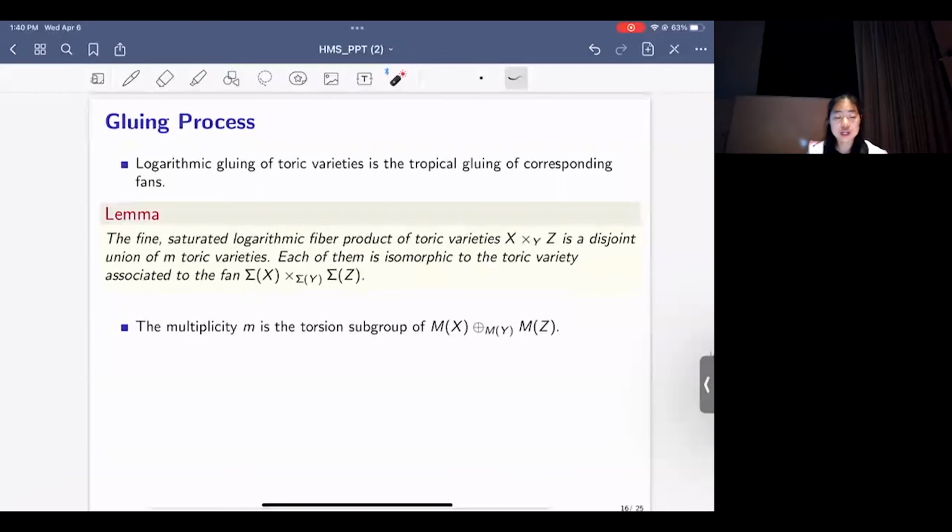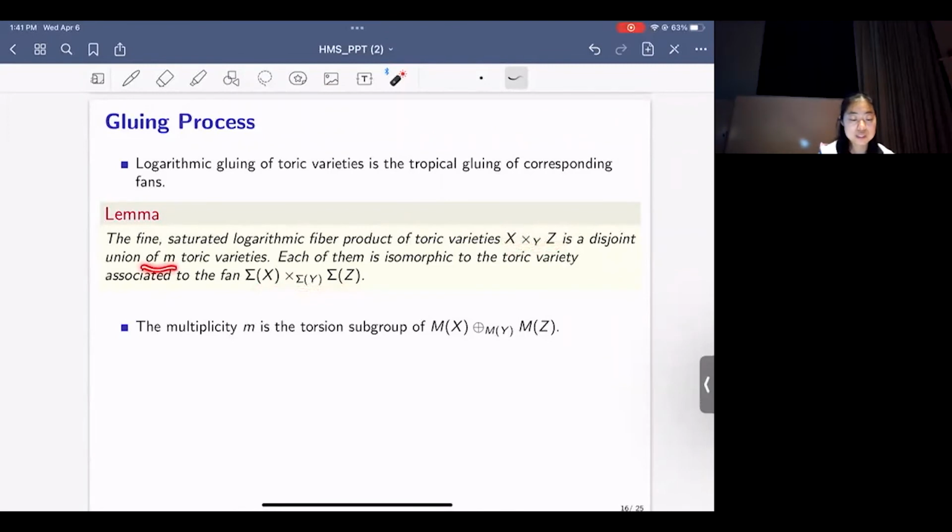But on the other hand, the logarithmic fiber product of toric varieties is very close to the fiber product of the associated fans. So here is a very useful lemma: the fine saturated log fiber product of toric varieties is a disjoint union of toric varieties whose associated fan structure is obtained by taking the fiber product of the fans of the toric varieties we start with.